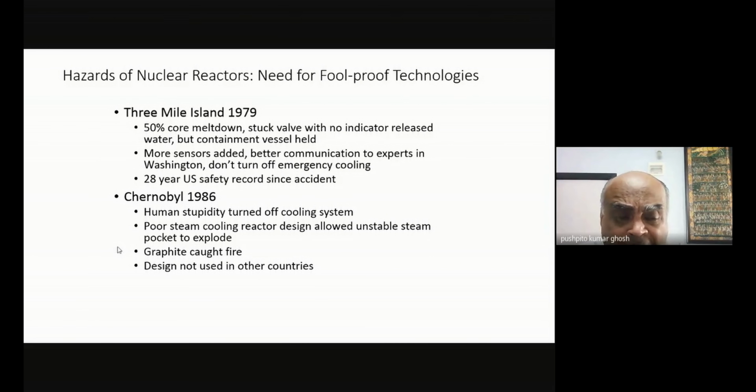But we have to understand that nuclear power has a risk associated with it, and that's why a lot of people don't want it. But we do not actually have much of a choice. We will have to go for nuclear, at least as a stopgap measure. Maybe for the next 50 years or so, it will have to be something that India puts in a lot of effort in, and you can see that the country is actually looking at that kind of a strategy.